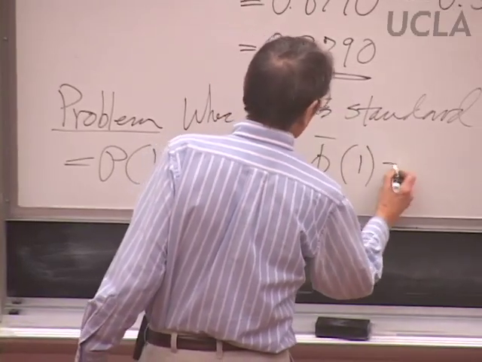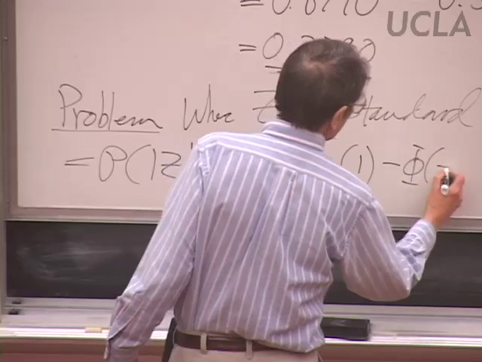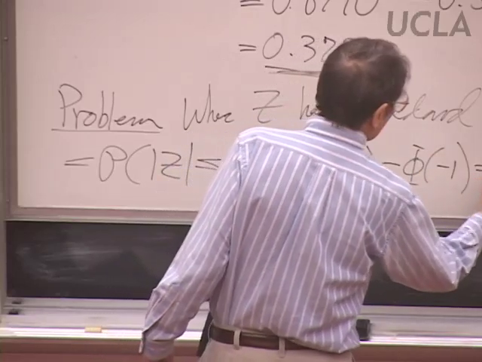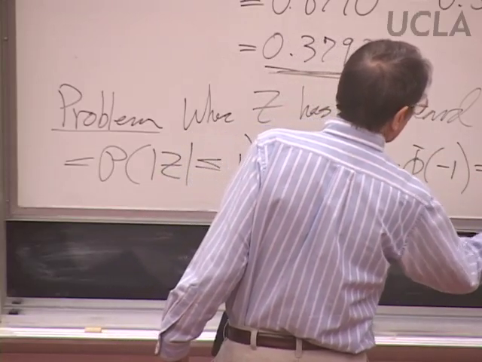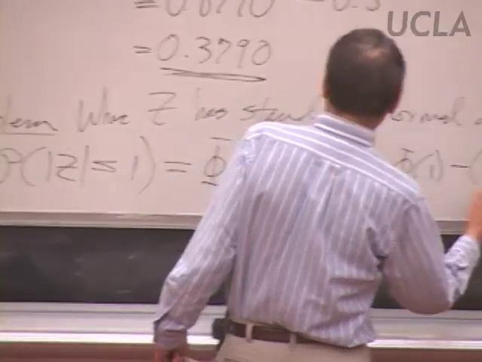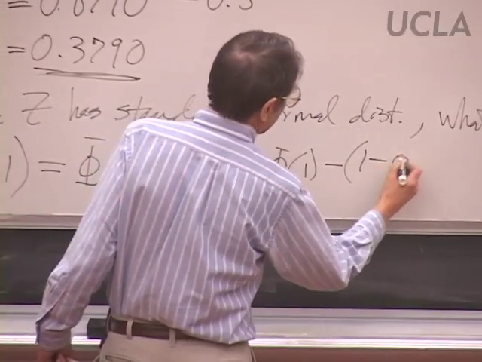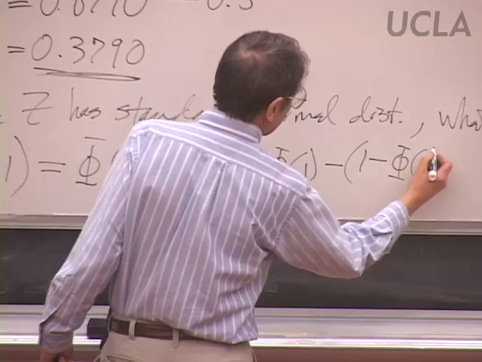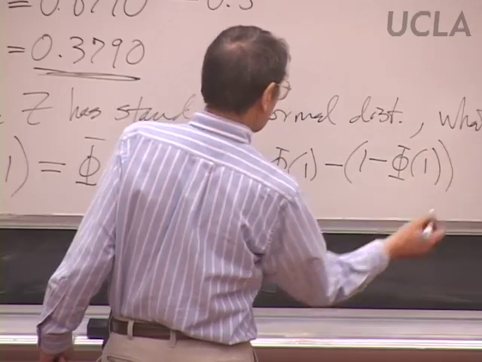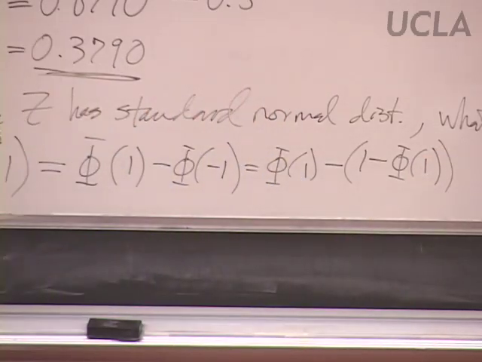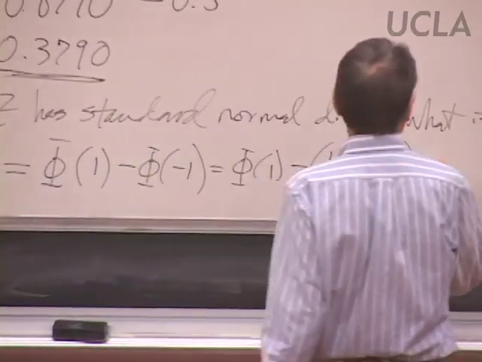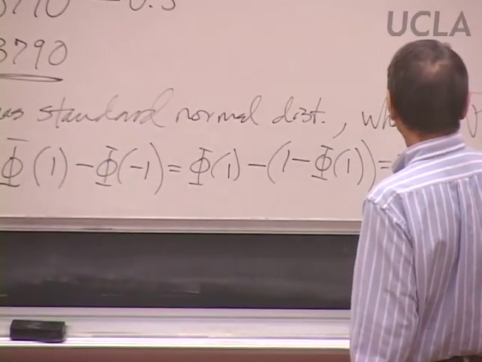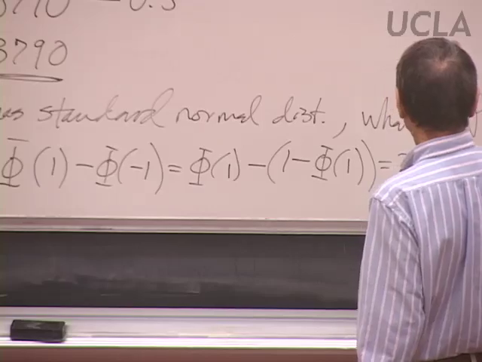So that's phi of 1 minus phi of minus 1. Phi of 1 we can look up. Phi of minus 1, we have to think complement, 1 minus phi of 1. So we have 2 times phi of 1 minus 1.